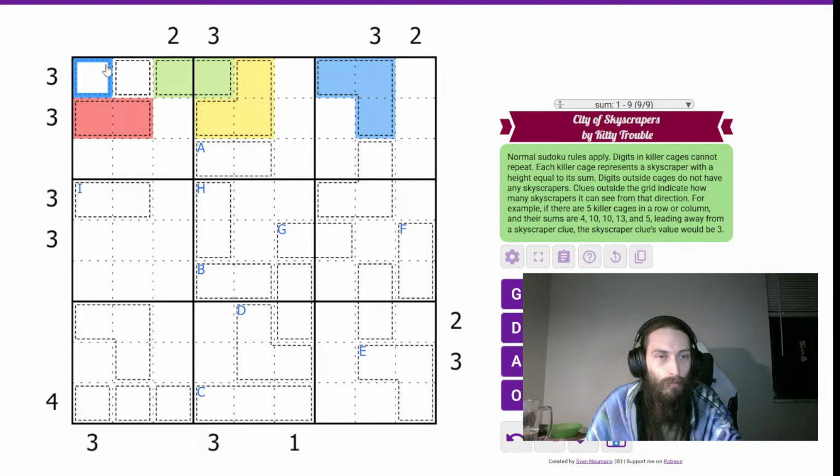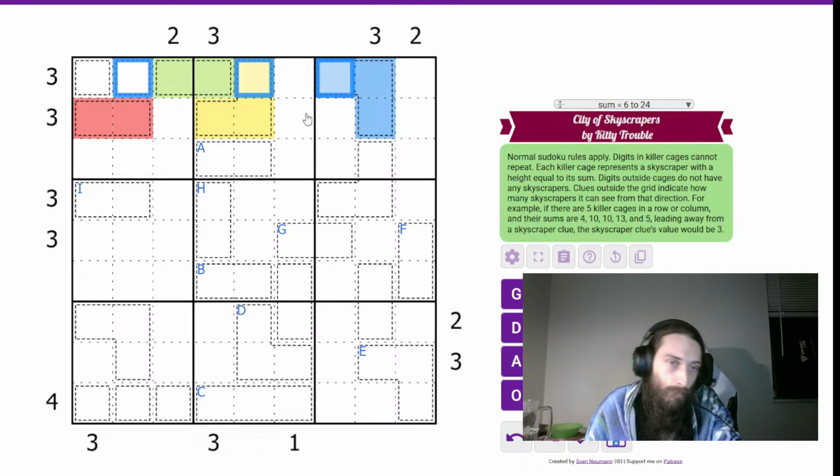So either this is larger than green and smaller than yellow, or this is larger than yellow and smaller than blue. But it has to see blue.